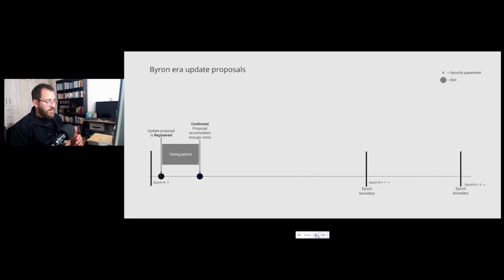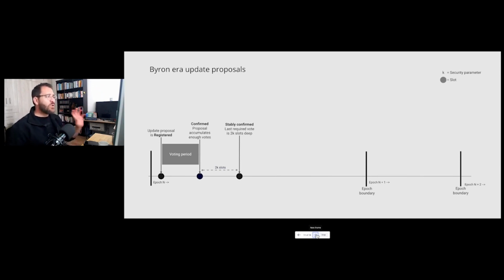And when that threshold is met, that means that a sufficient number of other delegate keys, and even the one that proposed it, have voted positively for this update proposal. So it accumulates votes. If you think about it, this last vote is still at the tip of the chain. So we need to wait some time for it to be deep enough so that we are certain that we are not changing to a different fork that does not contain that last vote that confirmed the proposal.